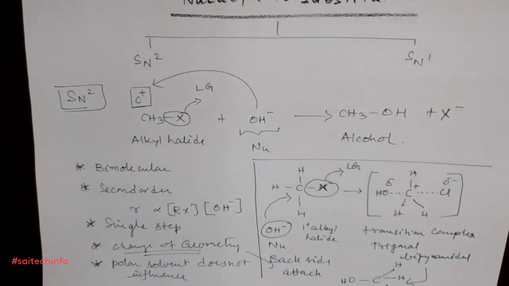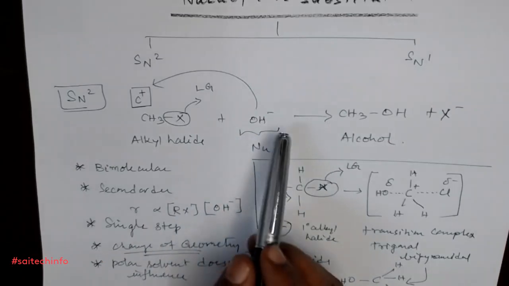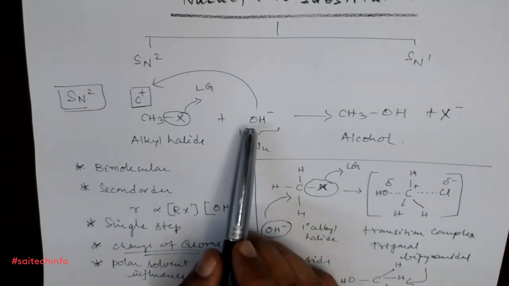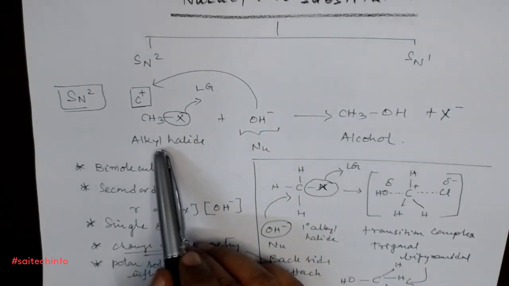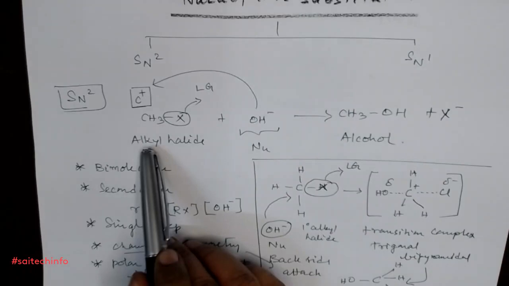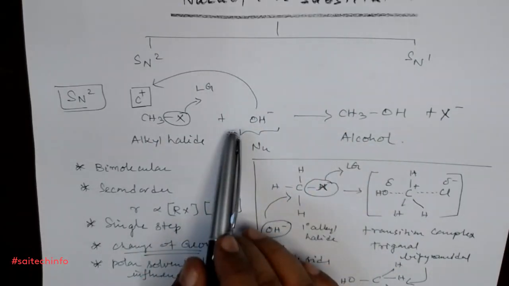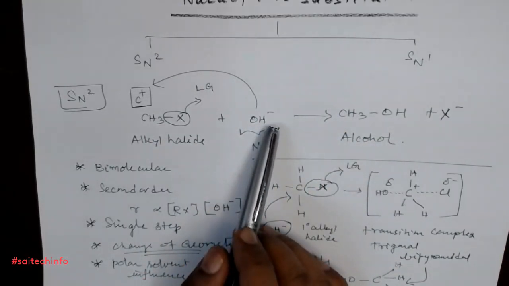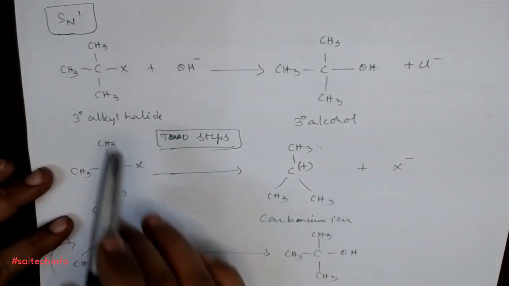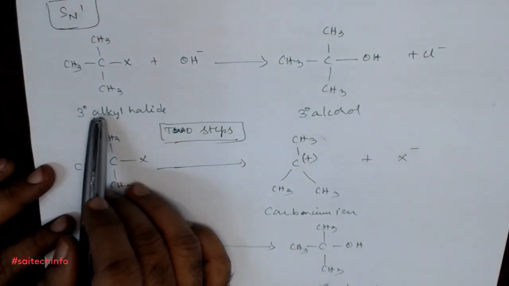And what is the example for this? Here it is hydrolysis of alkyl halide, the conversion of primary alkyl halide into alcohol by the nucleophilic attack. Whereas Sn1 is with tertiary alkyl halide.